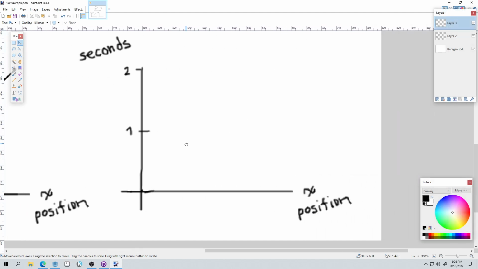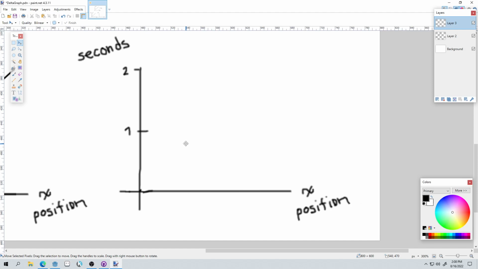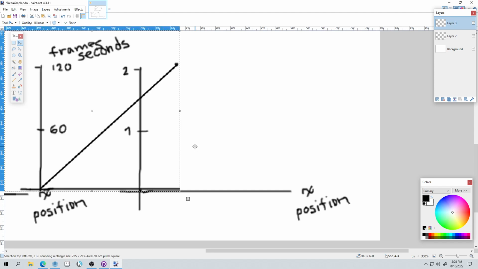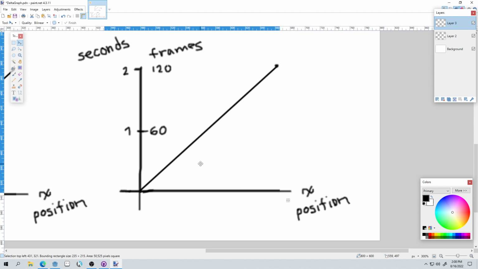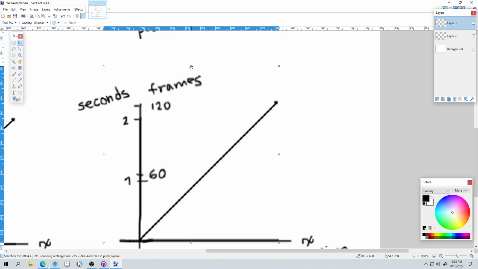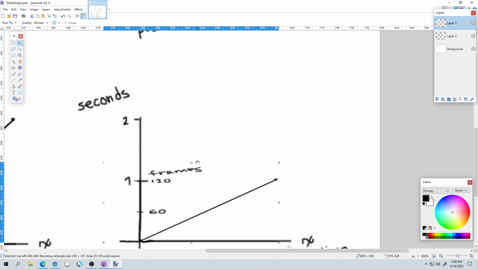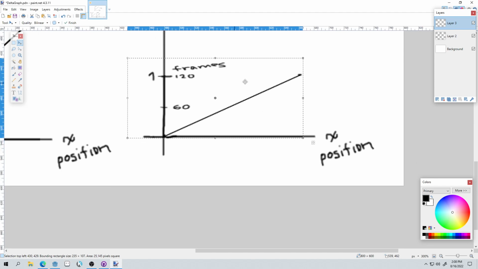Now, however, let's say that instead of 60 frames per second, we're processing at 120 frames per second. So what would that look like? At 120 frames per second, it's going to look like this.